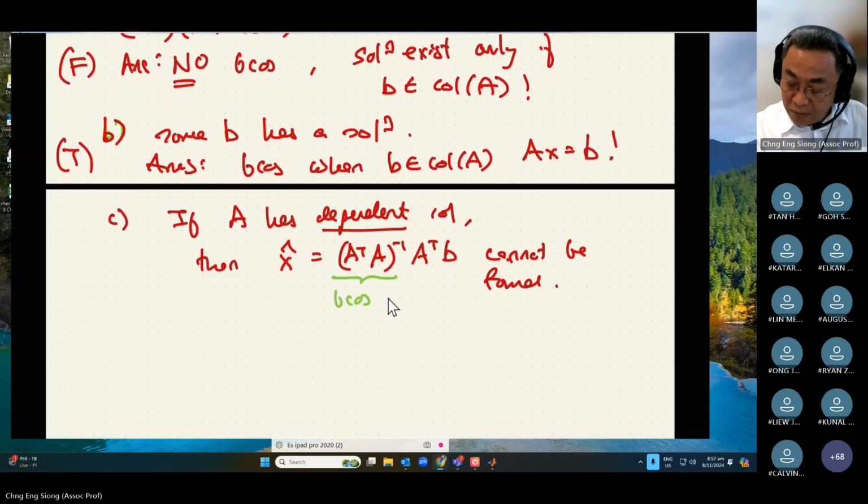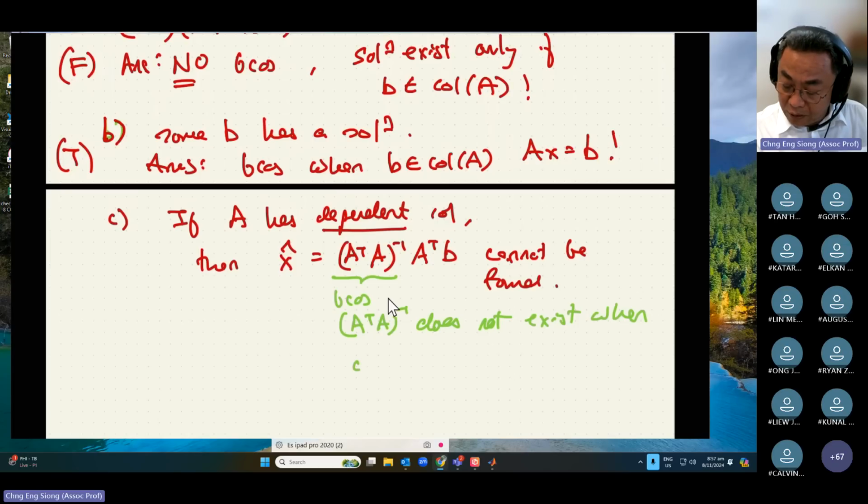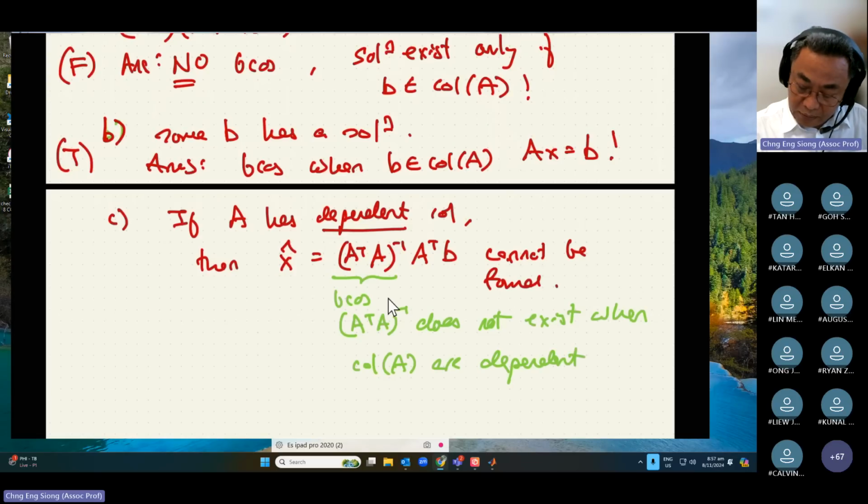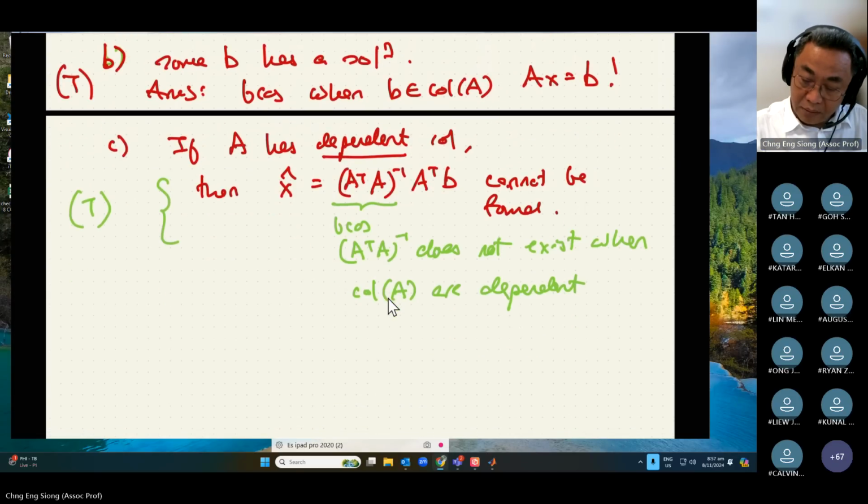Because (A transpose A) inverse does not exist when the columns of A are dependent. So the answer here is true. Okay.